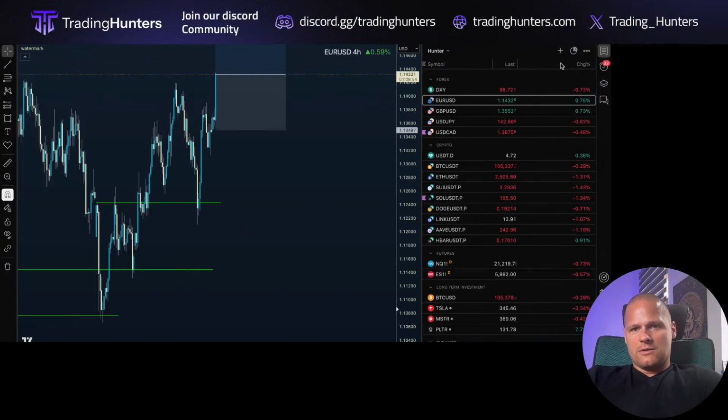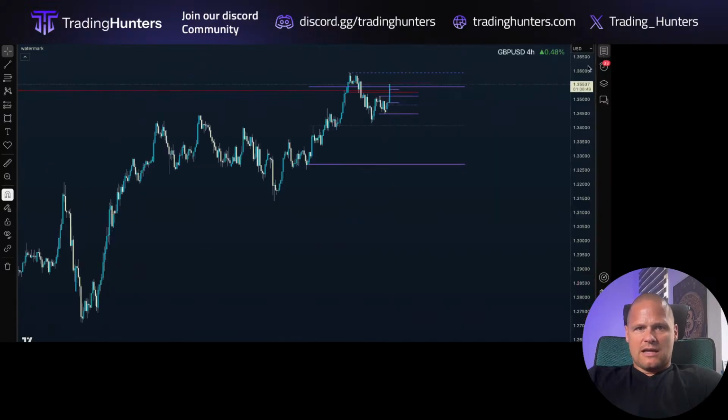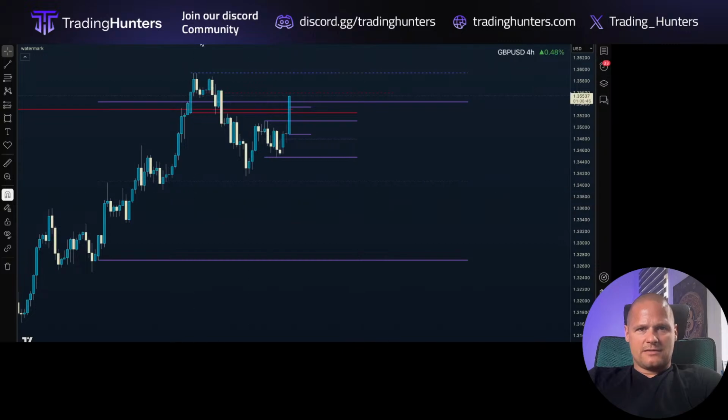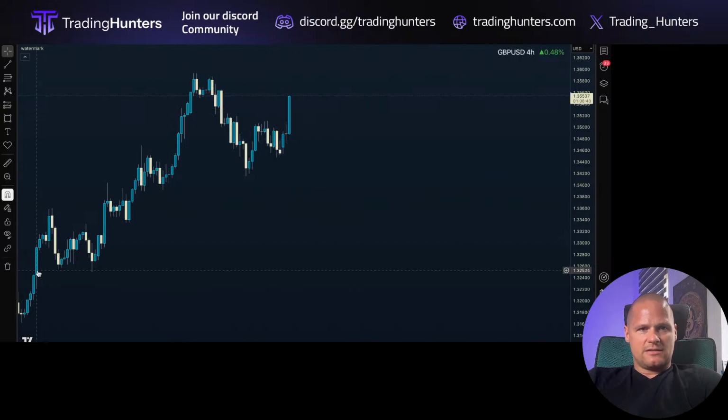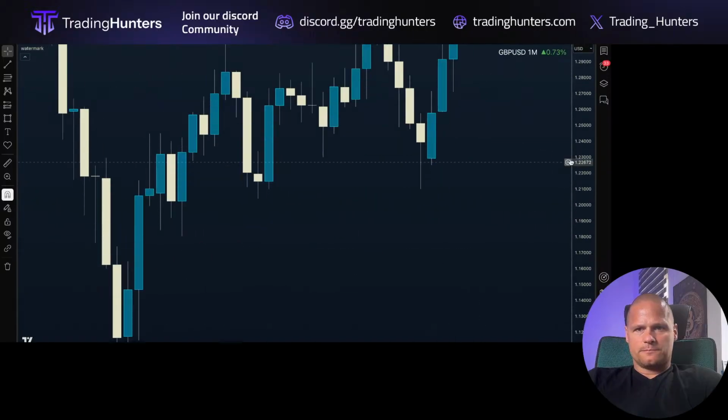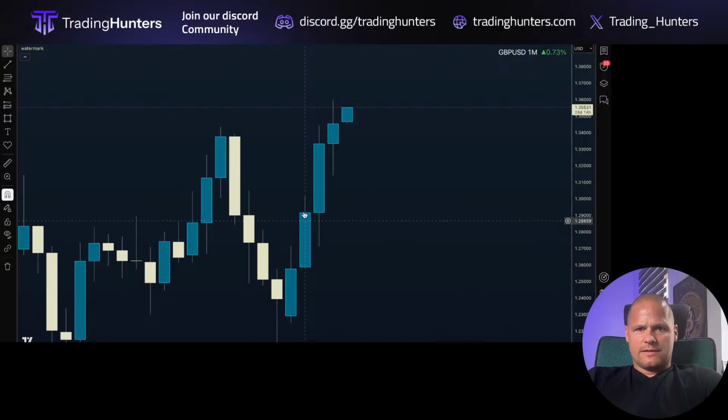Anyway, let's go to another one, which is going to be GBP. And in here, we have it the same. Let's go monthly. Let me delete. See, the candle closing above. The candle last month also closed above.